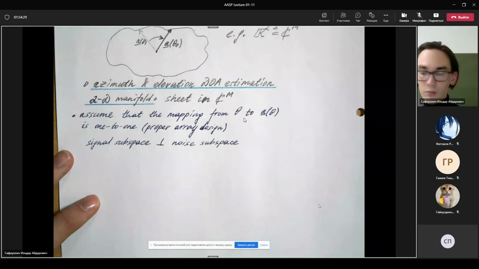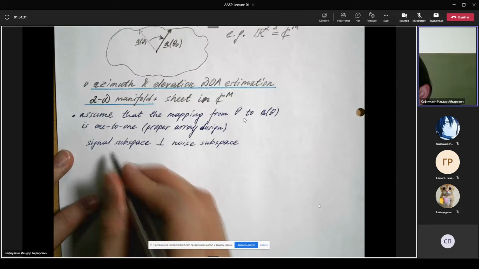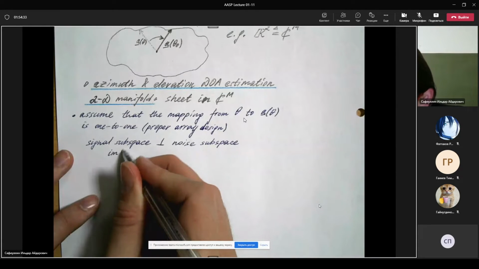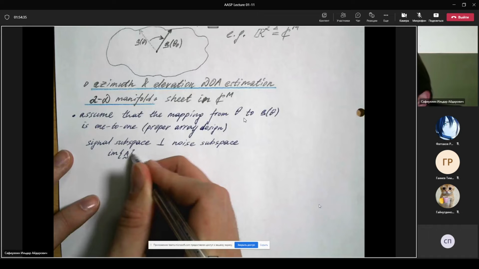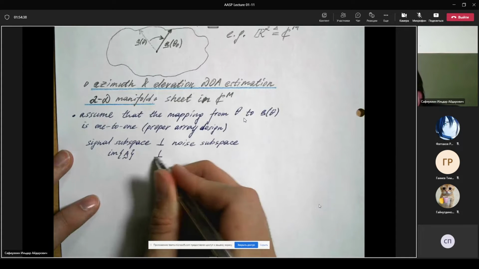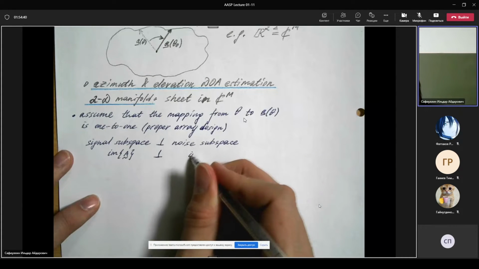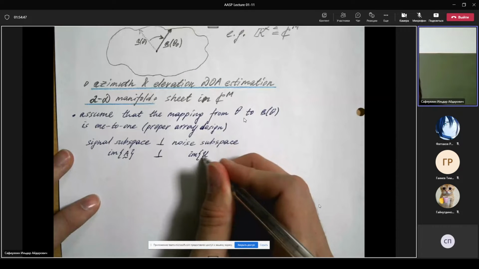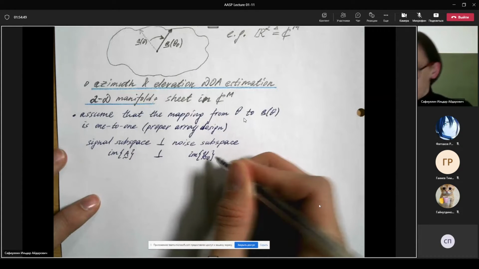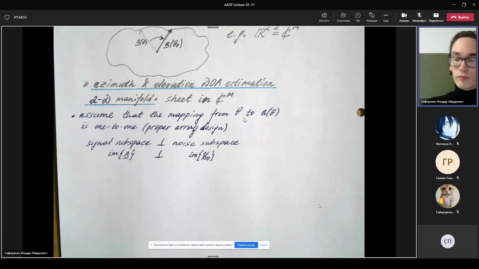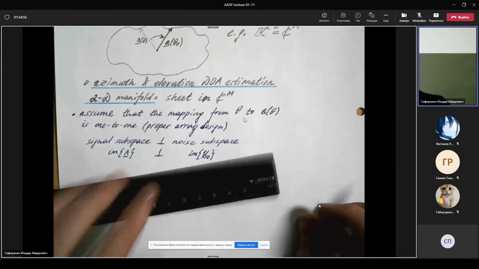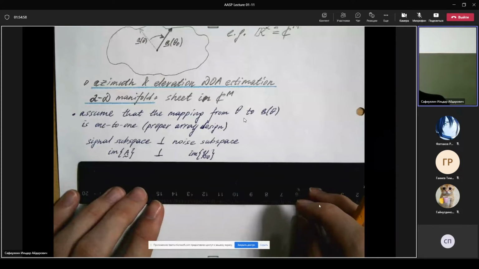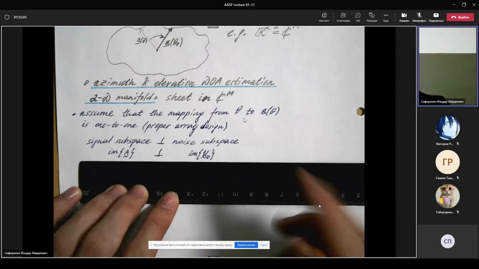Or using images, we can say that the image of array manifold is orthogonal to the image of the null subspace of matrix U. I will put these two lines into the box.